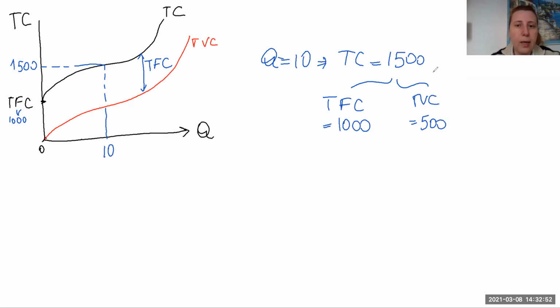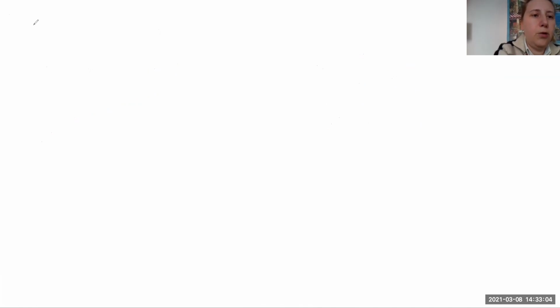Well, continue. The third classification of the costs will be the marginal costs and the average costs. The third classification of the cost, again, short run cost.